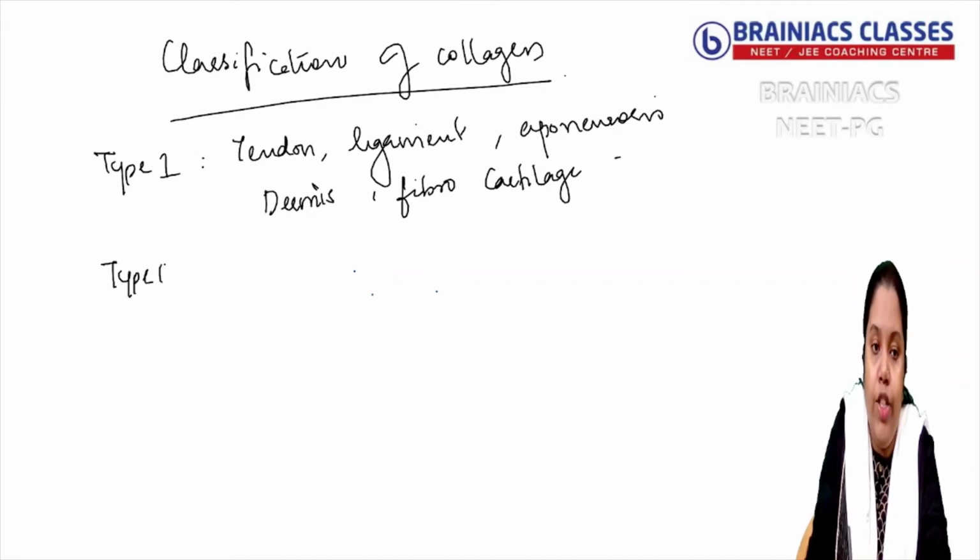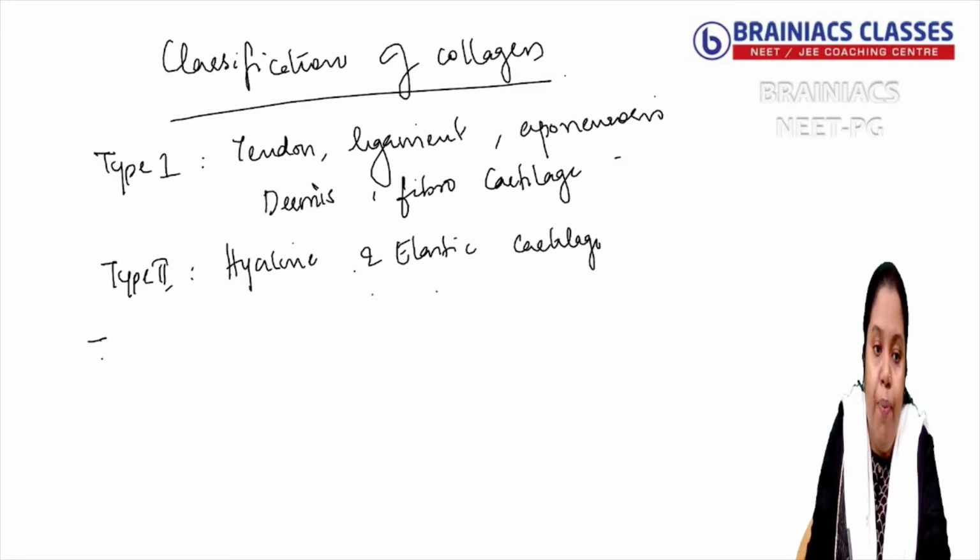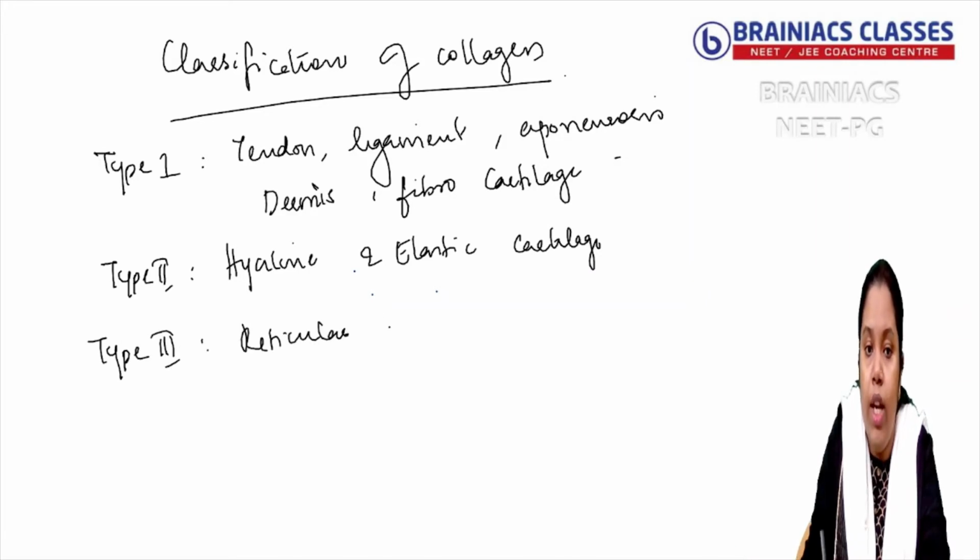Type 2 collagen is seen in hyaline and elastic cartilage. Type 3 collagen is also called the reticular fibers. Why?